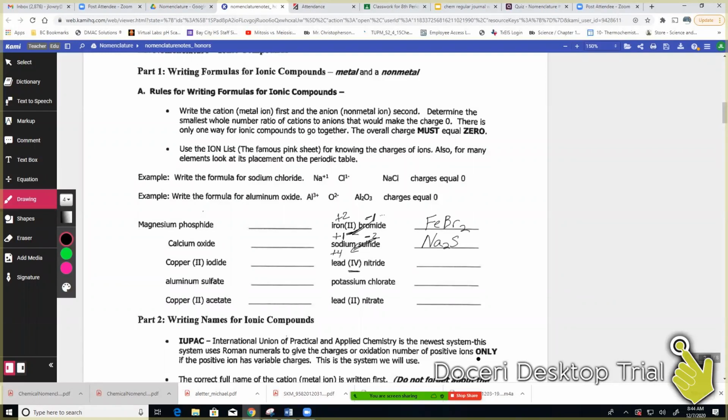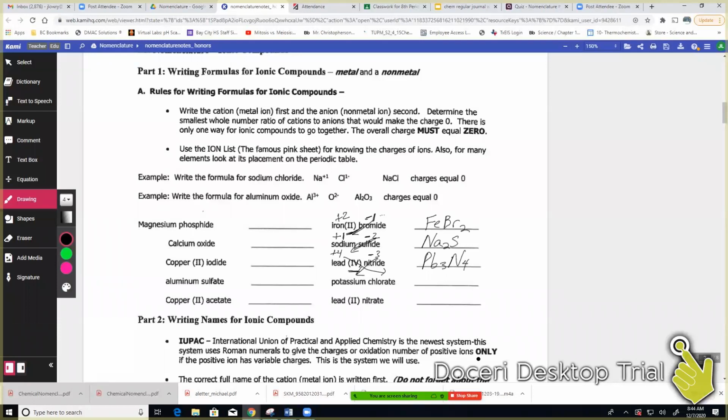So this is +4 and nitride is -3. So once again, they're going to exchange. So my lead Pb would now have a 3 and nitride would now have a 4. And that way they would have +12 on one side and -12 on the other side.